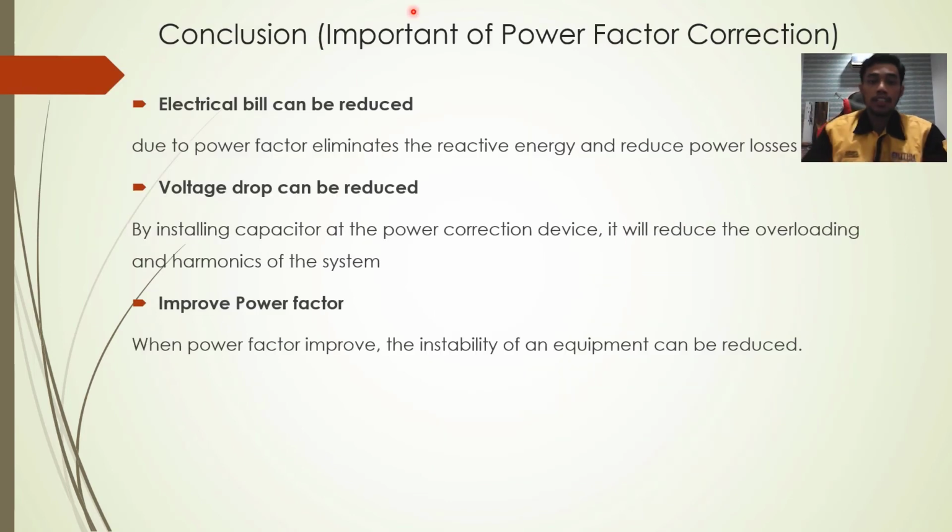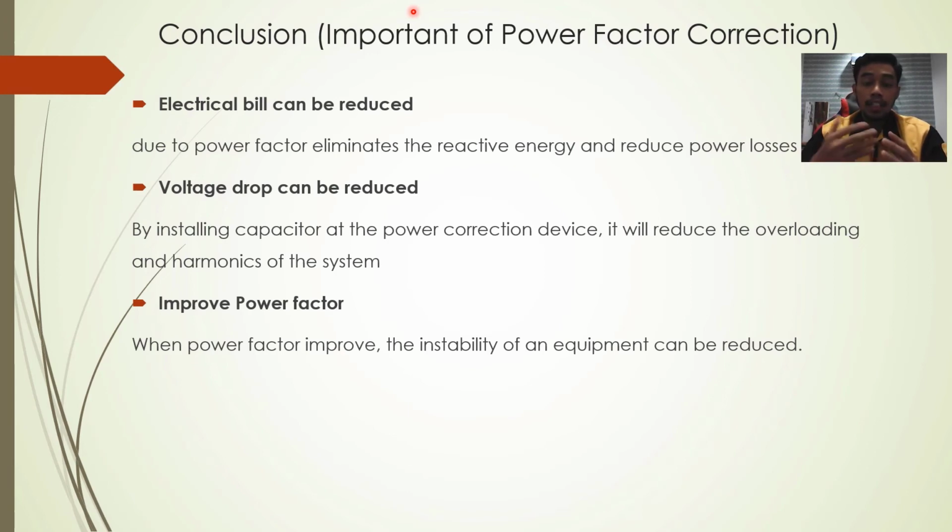Okay, last part, which is the conclusion. After finishing this lab, what we can obtain is the importance of power factor correction. The first point is that we can reduce the electrical bill. This is because when we improve the power factor, we eliminate the reactive energy.